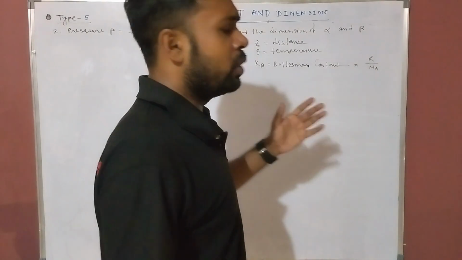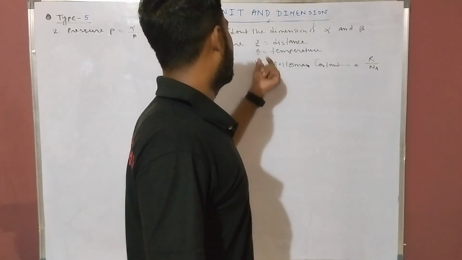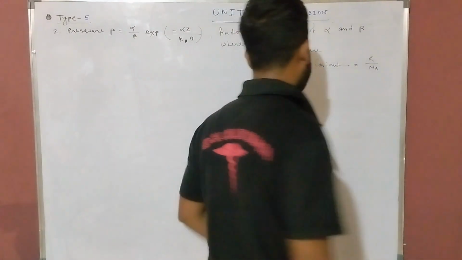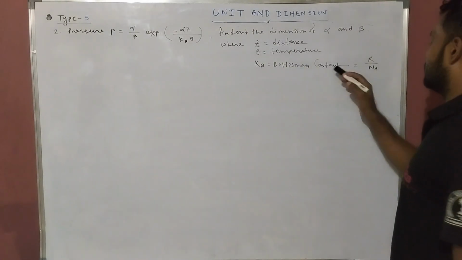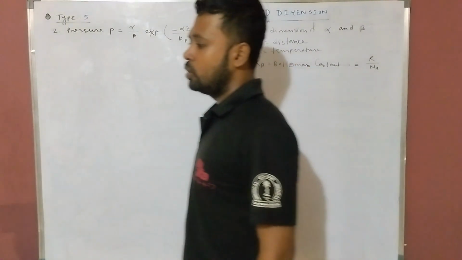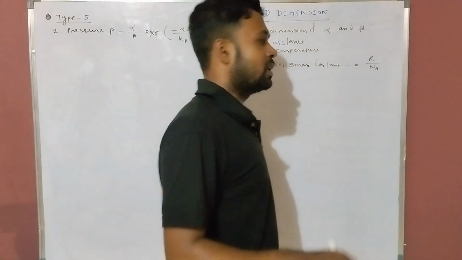What is this? You will learn about this kb in future. I will teach you in detail in future. So now Kb is Boltzmann constant, and Boltzmann constant is equal to R by Na. What is R? R is equal to universal gas constant. Pv is equal to RT.